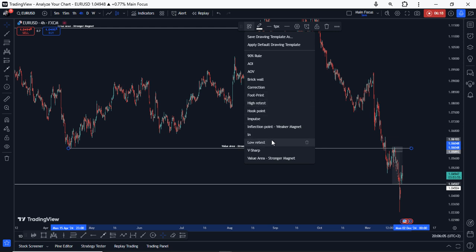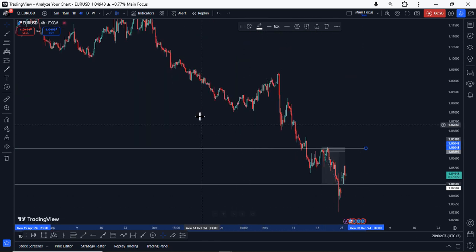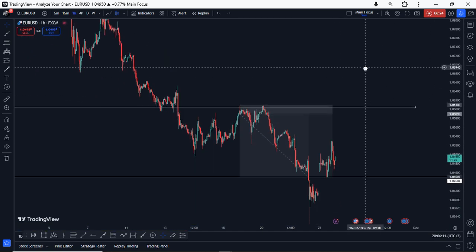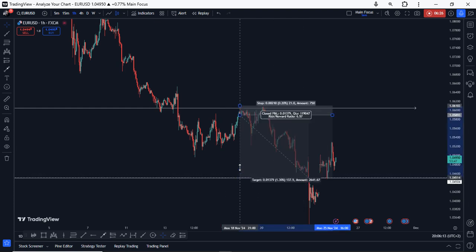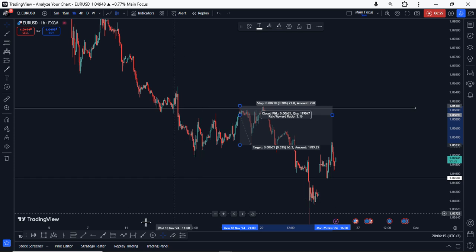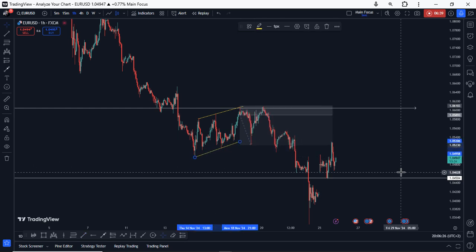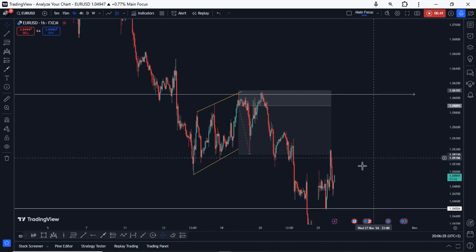Why low retest? Because price is now, let's dive into H1 so you can understand better why low retest. So price is now forming a 1, 2, 3. I use the wicks, still counts. I use the wicks 1, 2, 3 structure, and I entered on the pin bar.